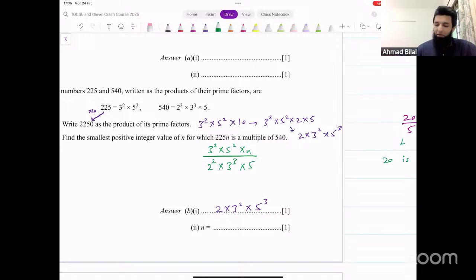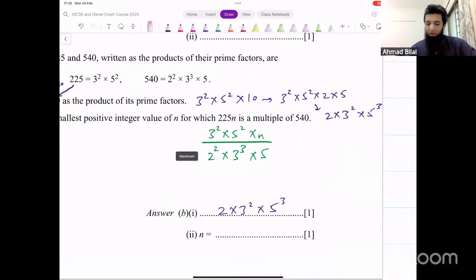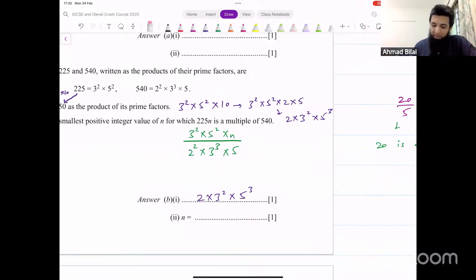Okay. Now, what do we place in place of n here? What do we write in place of n here so that the result from this division ends up being an integer? Let's think about each prime factor one by one. We have 2 squared in the denominator. Do we have any 2 squared in the numerator? No. We don't have any power of 2 in the numerator.